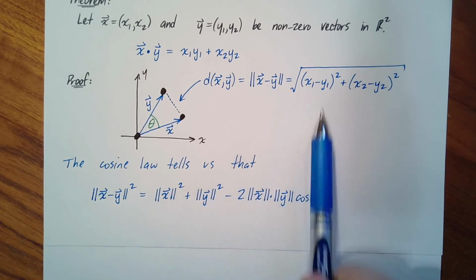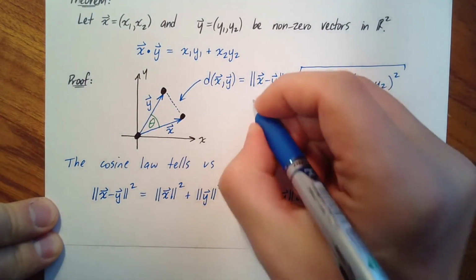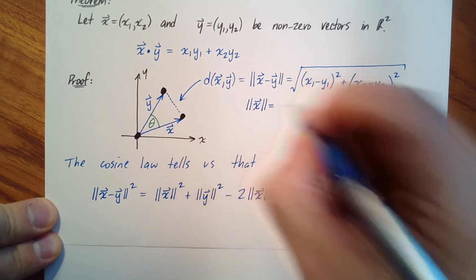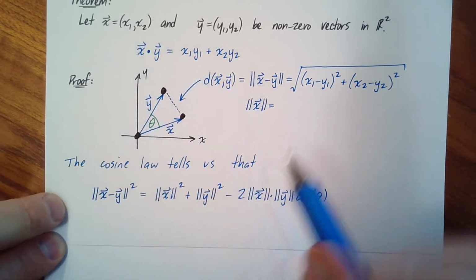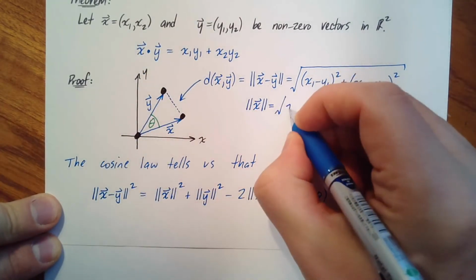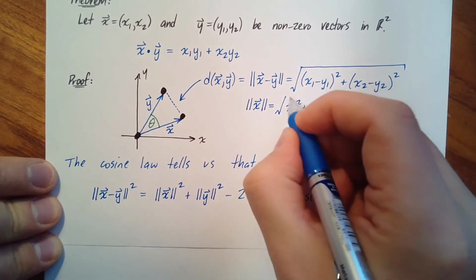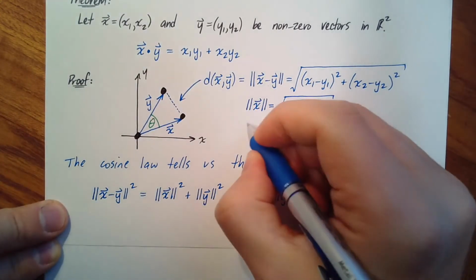We've got it over here, and then down here we need the norm of x. Let's just write that out. Remember, by definition, that's just going to be the square root of the sum of the squares of these two coordinates. So you're going to get x1 squared plus x2 squared. That's going to be the norm of x. And then we also need the norm of y. Same idea, but let's write it out as well.